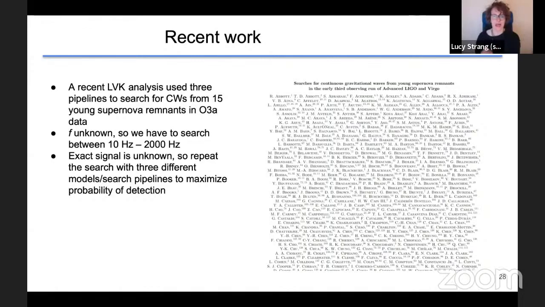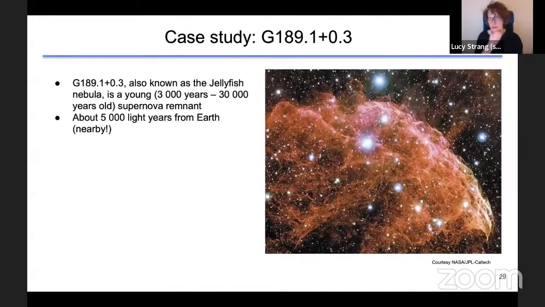And then lastly, we had one that looked at if you had a neutron star that was both spinning and precessing, in which case we'd see gravitational wave emission at 2 frequencies. That said, we still don't know what those frequencies are, so we nominally have to search between 10 and 2000 hertz.